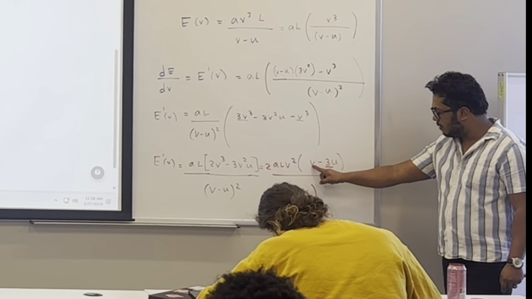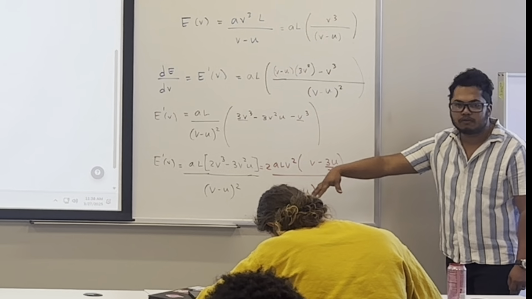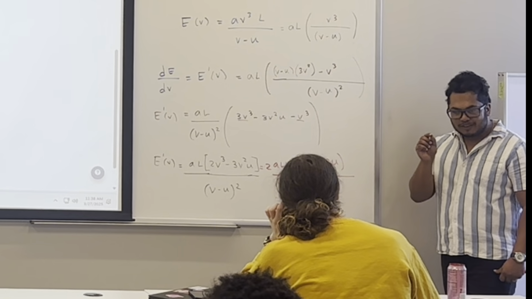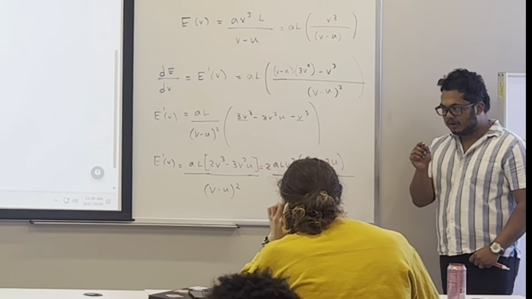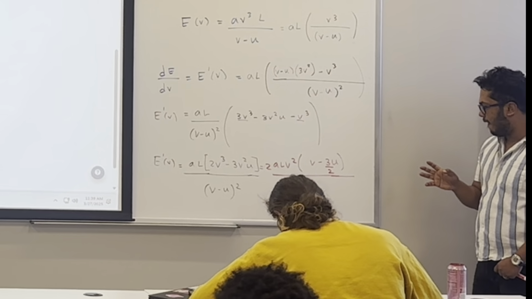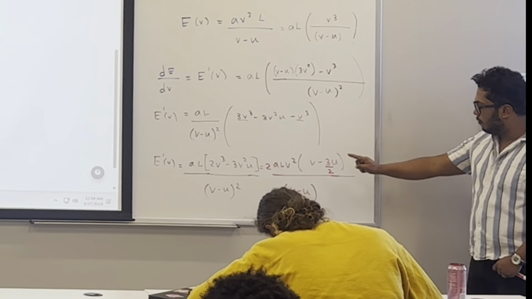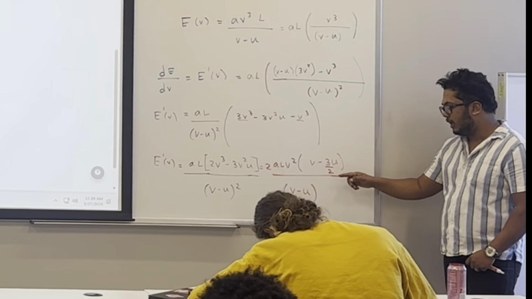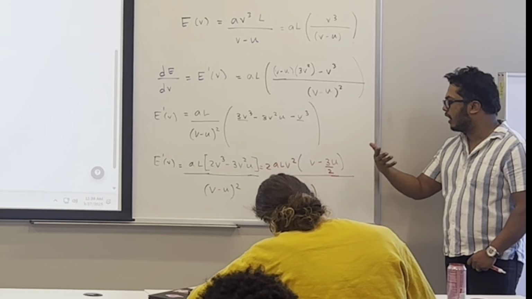If my V becomes this number, my derivative is 0. Clear? So that is the extreme point. I don't know yet whether it's a minimum or maximum, but I can discuss that. But at least I know that when the fish swims at 3U over 2 speed, that means 50% more than the current speed.